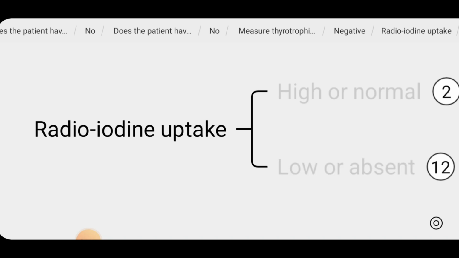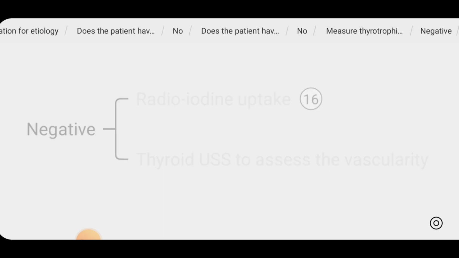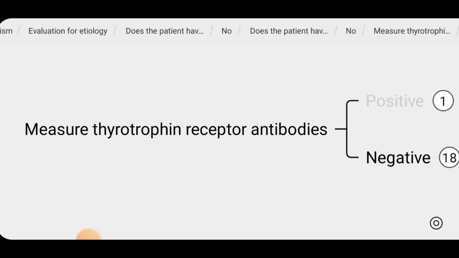So that is how we can evaluate a patient who is having hyperthyroidism, and also the patient did not have ophthalmopathy and also did not have a diffusely enlarged goiter, and then we did thyrotropin antibodies level which became negative. So then the possible diagnoses are thyroiditis and extrathyroidal source of thyroxine secretion.